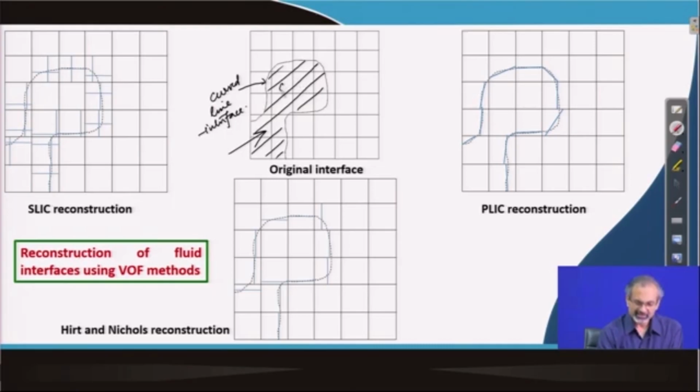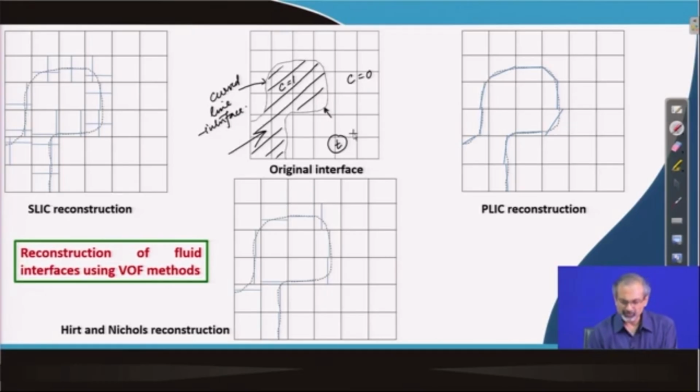So, you can say that strictly speaking C is equal to 1 here and C equal to 0 here, and the sharp jump essentially comes here. That is how it stands at a certain point of time. As time changes, as you can understand, this interface is going to advect, it is going to deform, it may even rupture somewhere, and so on.